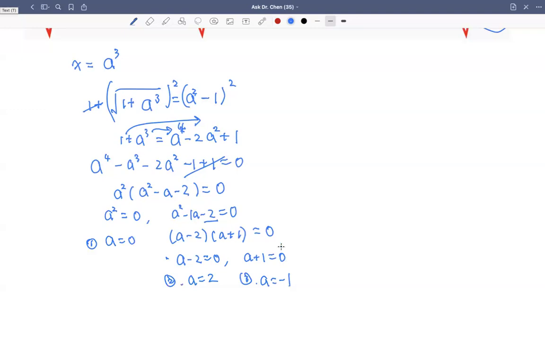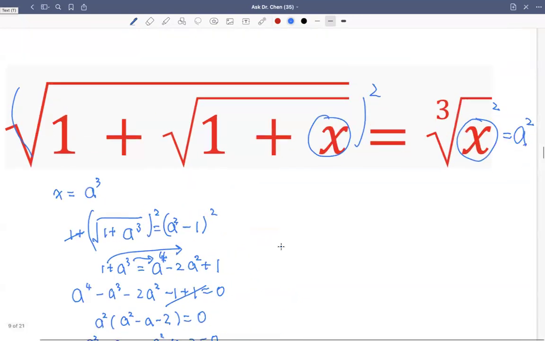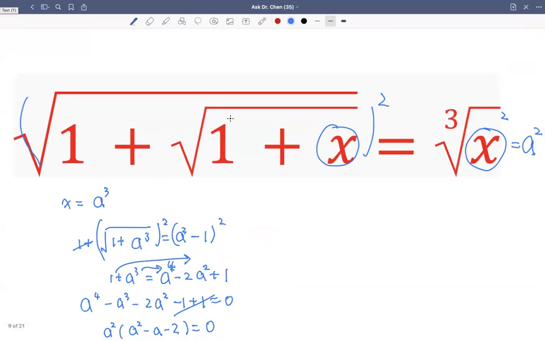So a equals 0, 2, or negative 1. In that case, x equals a raised to 3, right? 0 raised to 3 is still 0. 2 raised to 3 is 8. Negative 1 raised to 3 is still negative 1.